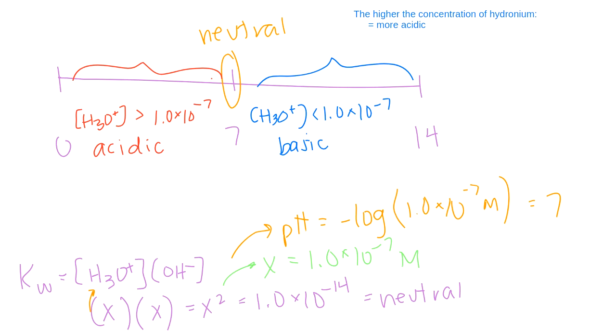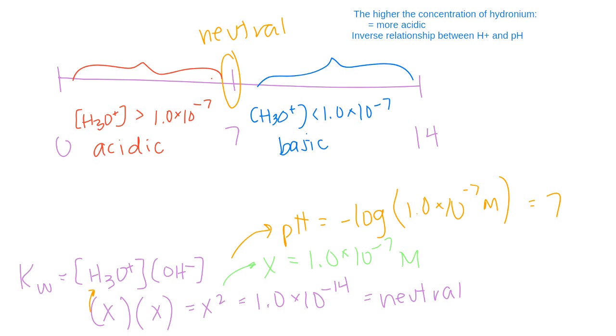So again, this is an inverse relationship between the H plus and pH. As H plus concentration increases, pH decreases. One more time, as hydrogen ion increases, that means that pH decreases.